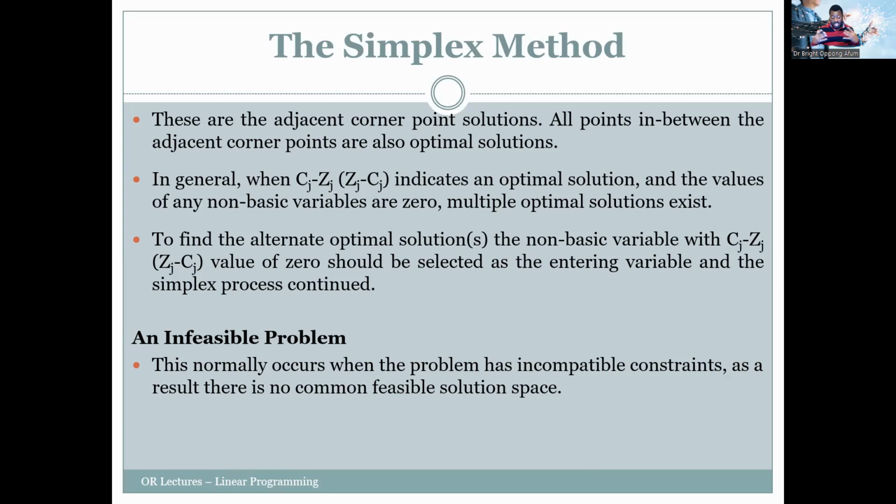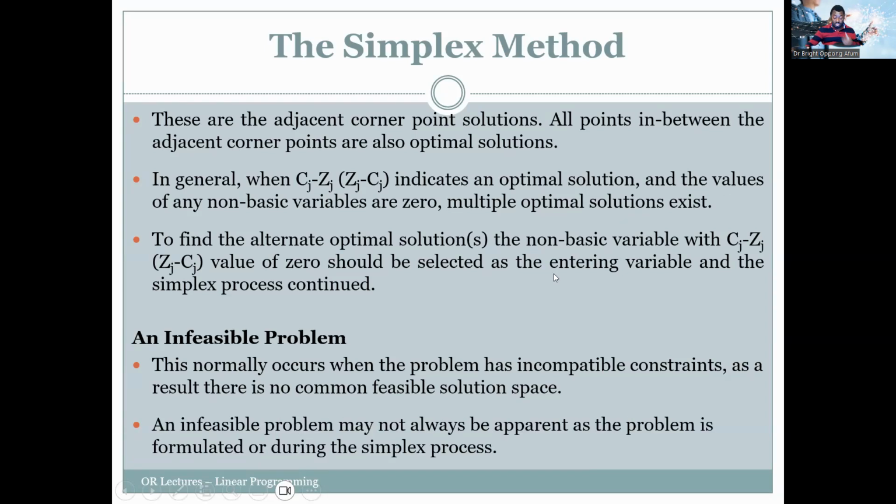If we have an infeasible problem, it will normally occur when the problem has incompatible constraints, resulting in no common feasible solution space, just as we saw in the graphical method. So the constraints do not define any feasible solution space.